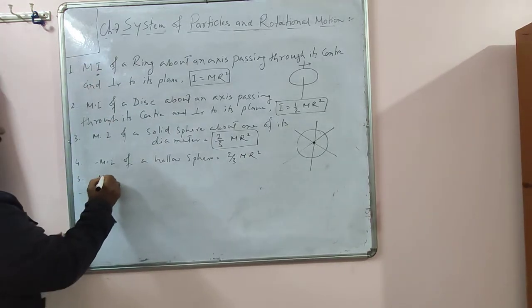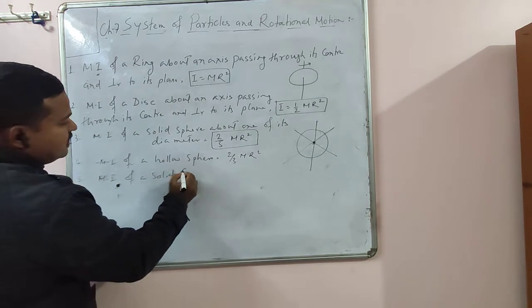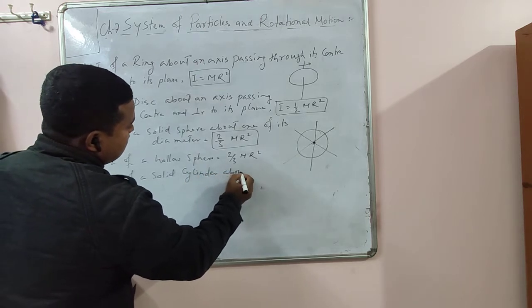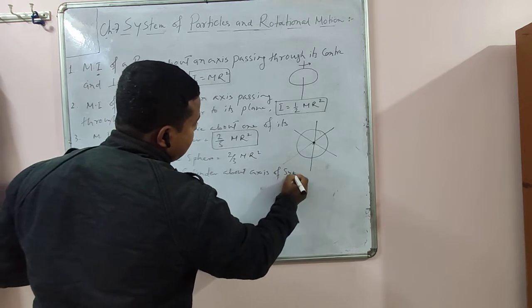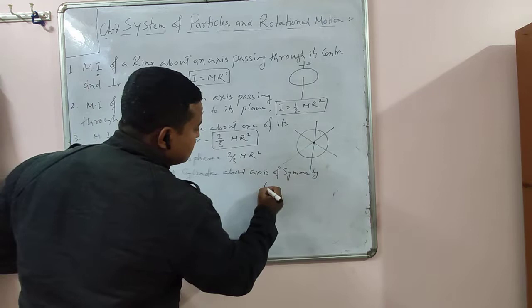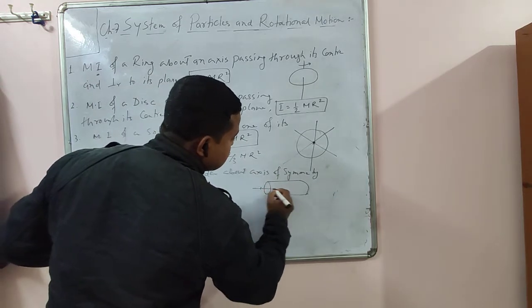Then the moment of inertia of a solid cylinder about its axis of symmetry. Axis of symmetry means, suppose this is a solid cylinder, then this is the axis of symmetry.